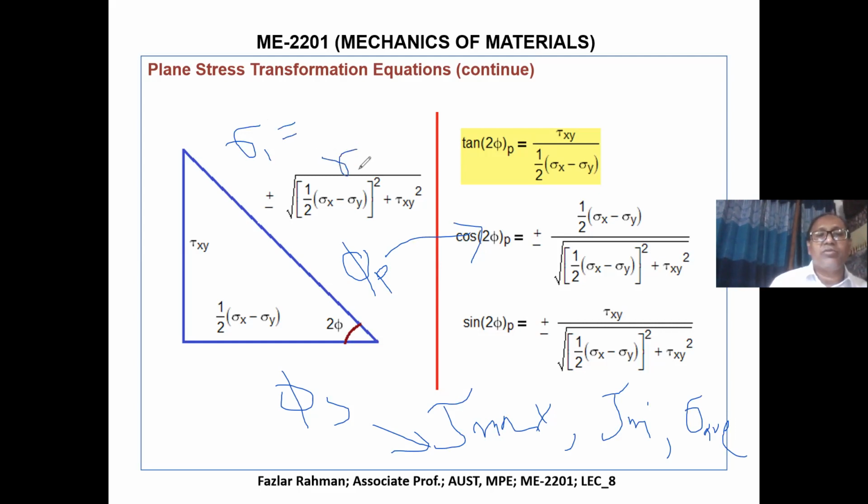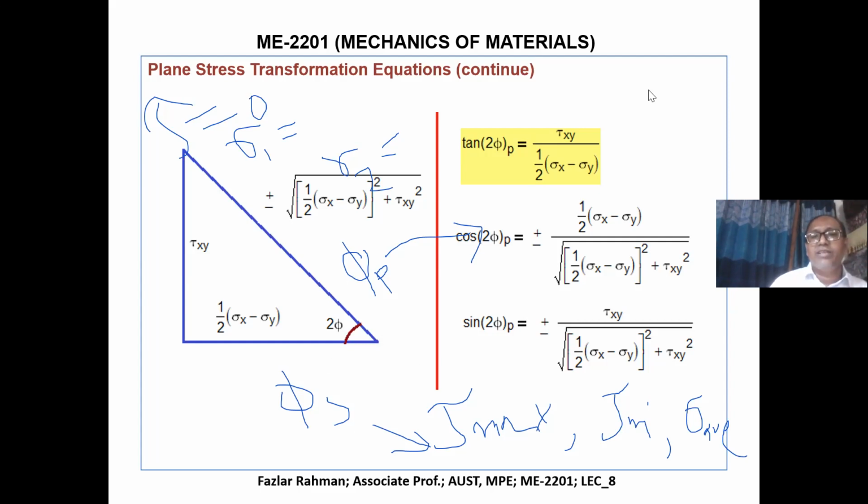You will get sigma 2, minimum principal stress, but in both cases you will get tau equal to 0. There is no shear stress. Because a crack might be developed due to the maximum principal stress or might be due to maximum shear stress. So you need to take both, shear stress and also maximum principal stress.